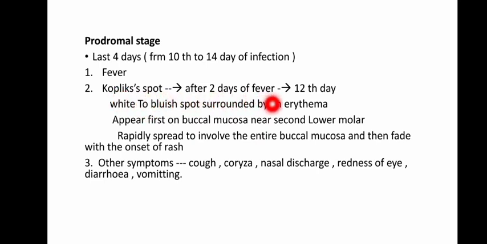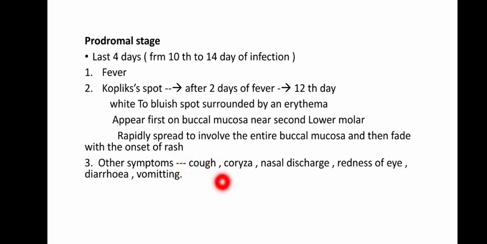After 2 days of the fever, around the 12th day, the Koplik spot appears. The Koplik spot is a white to bluish spot surrounded by erythema. It appears first on the buccal mucosa near the second lower molar tooth, and rapidly spreads to involve the entire buccal mucosa and then fades with the onset of rash.